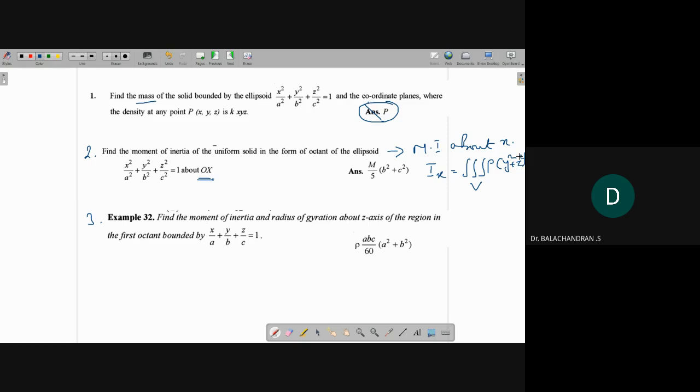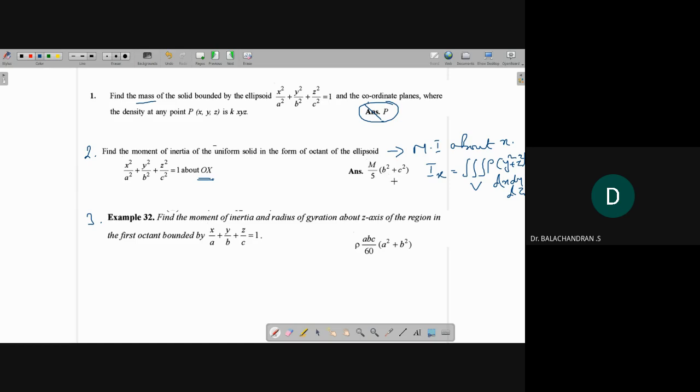Y square plus z square into dx, dy, dz. But the final answer is in terms of what? M. Okay, in terms of M. So first you need to find what? Mass.